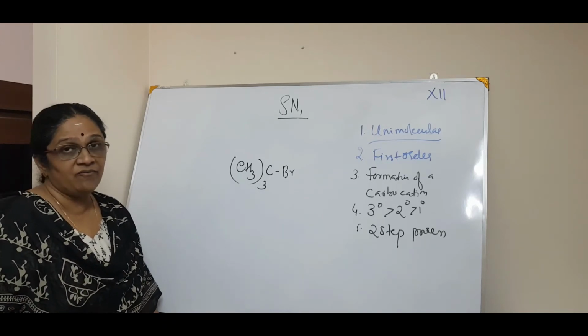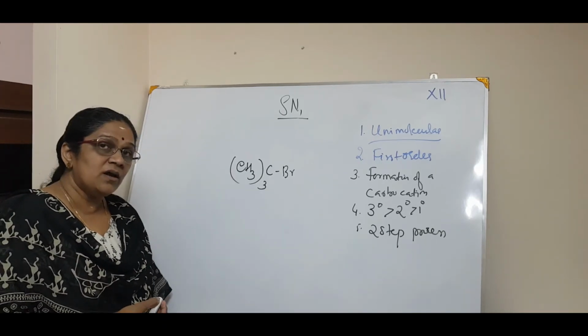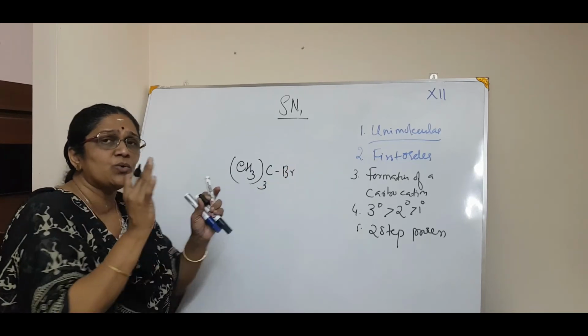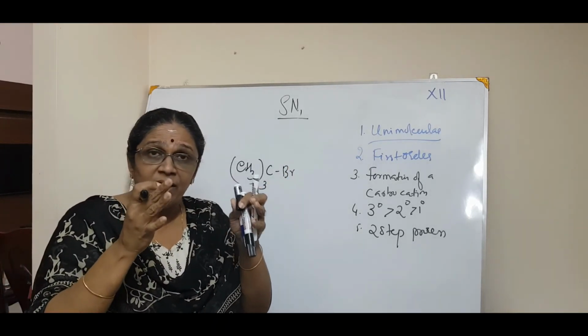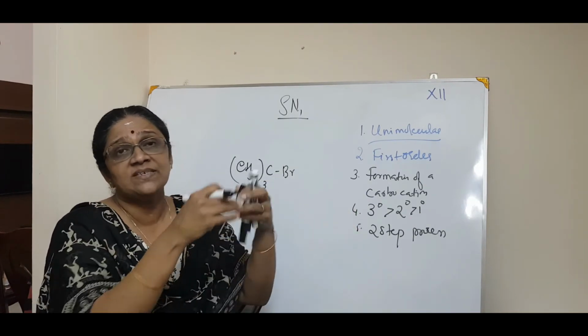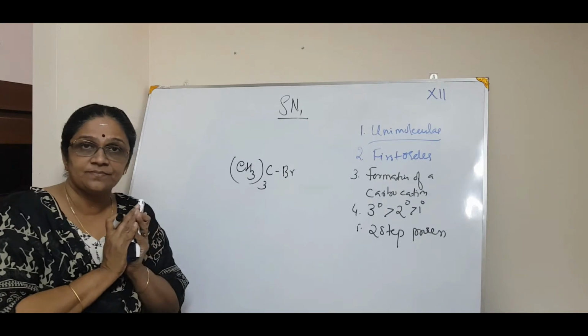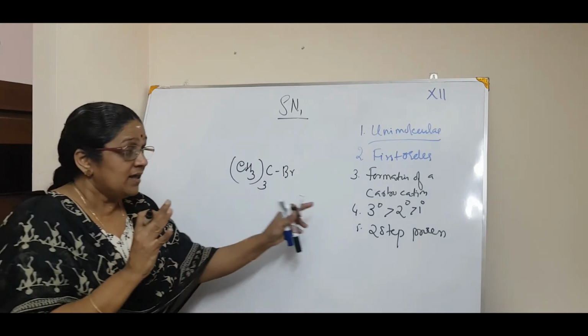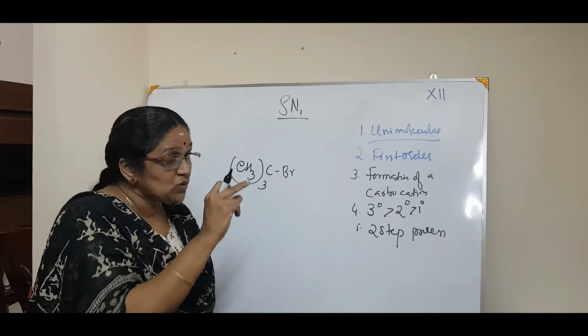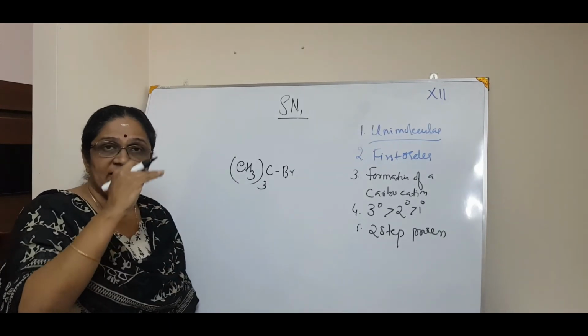Whereas SN2 is only a one-step process: the two reactants take part, second order kinetics, and the product is formed. But here the carbocation formation is very important, and there are two steps, the first step and the second step.